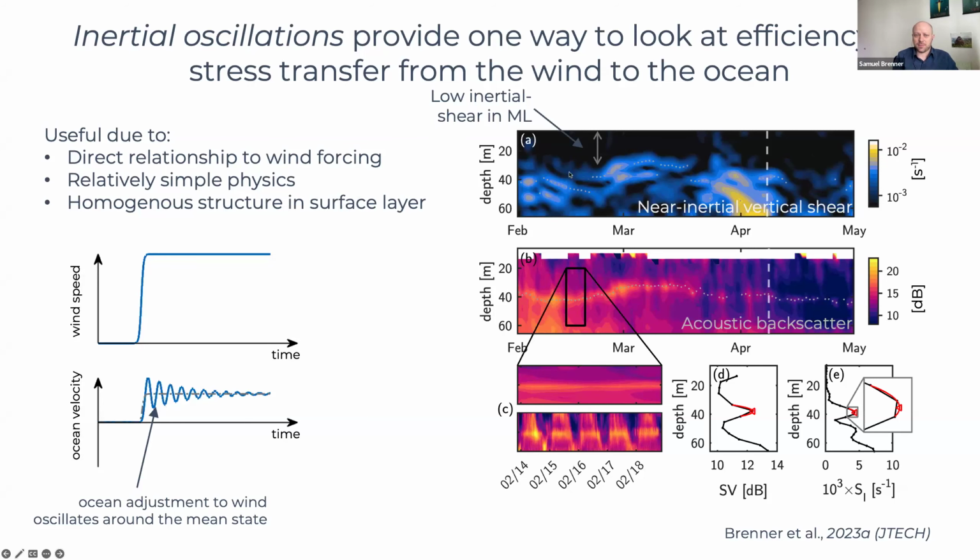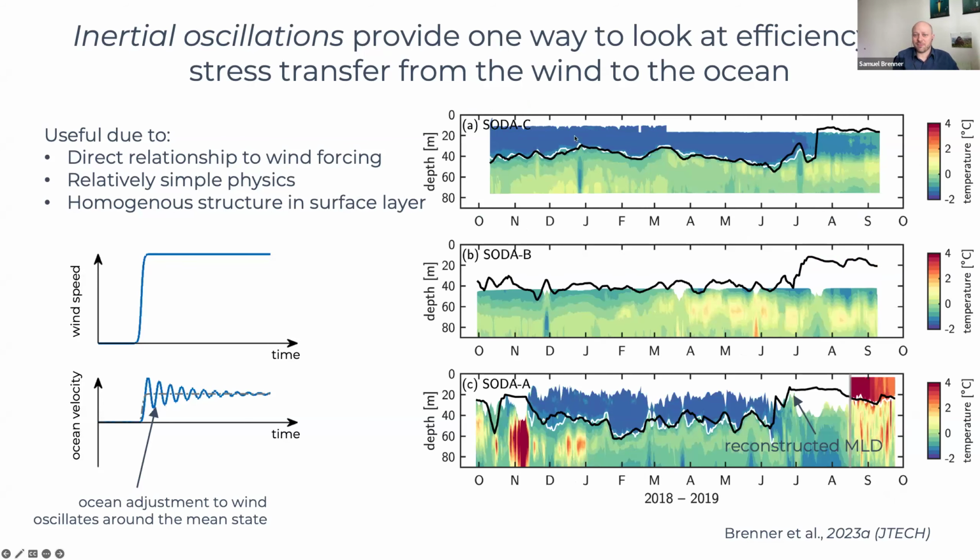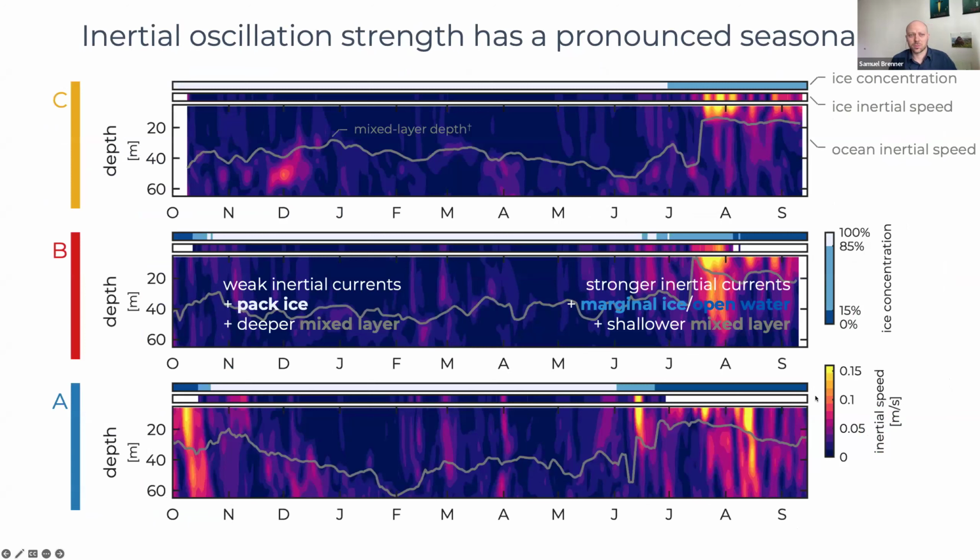And we can use that, or we have been able to use that together with other data from the moorings to reconstruct time series of mixed layer depth at each of the moorings, which especially is advantageous as we switch from sort of deeper winter mixed layers to summer mixed layers where you have this shoaling of the mixed layer depth, and that's not necessarily captured by the temperature and salinity sensors on the moorings because the mixed layer becomes too shallow to see them.